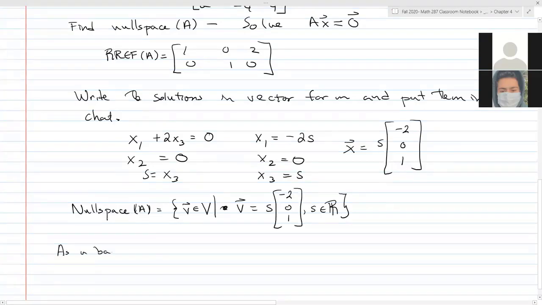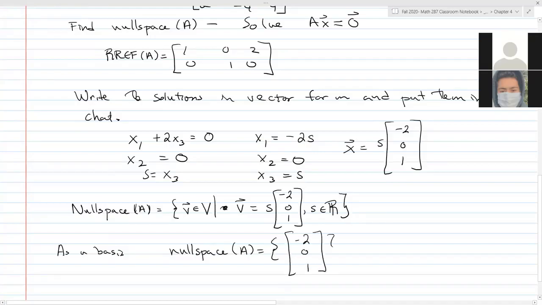As a basis, we can also just write the null space of A is equal to negative 2, 0, 1. We can actually just write that there, and there's an implication that we're taking the span of all of those vectors.